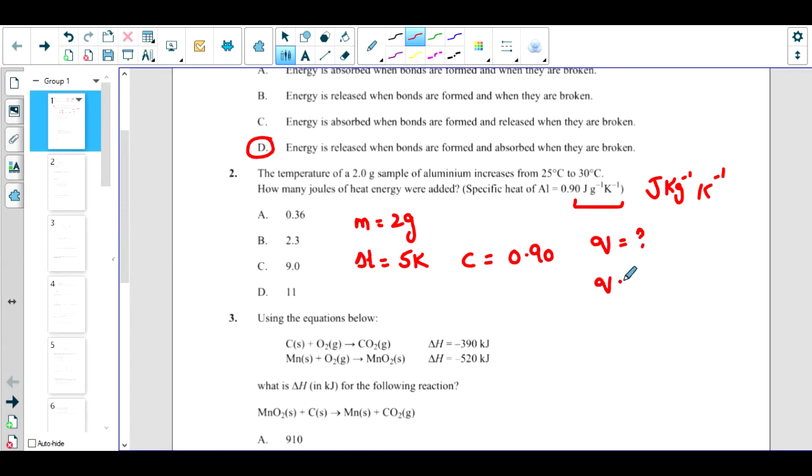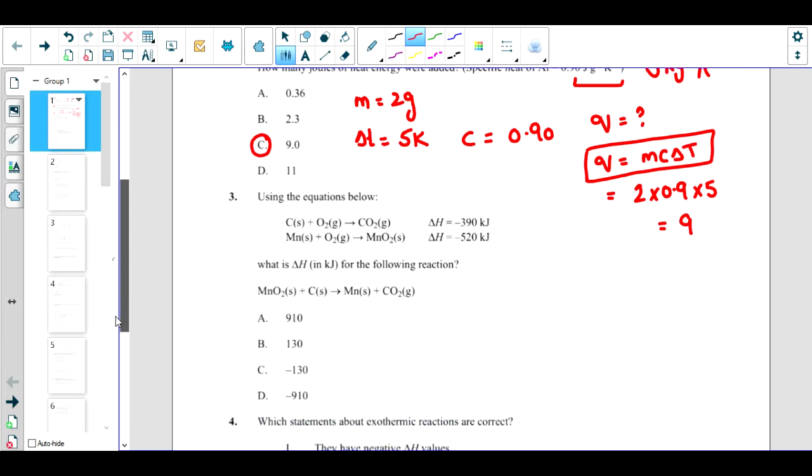The formula of Q is Q equals MC delta T. M is 2, specific heat is 0.9, times 5. The answer we have is 9. So our answer is 9. Using this formula, Q equals MC delta T, we can calculate the amount of heat.